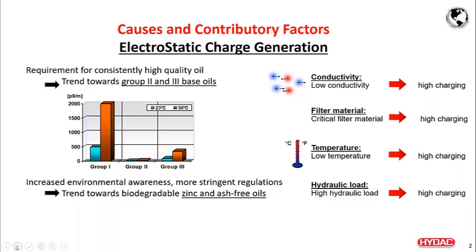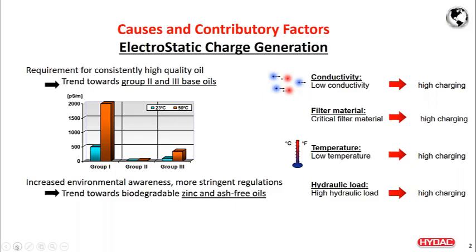Those properties help OEMs in a couple of ways. One is the viscosity index, which is very high, helping them maintain the oil properties throughout a wide range of temperature. Also, group 2 and group 3 oils have very little or no content of zinc and ash, making them biodegradable.